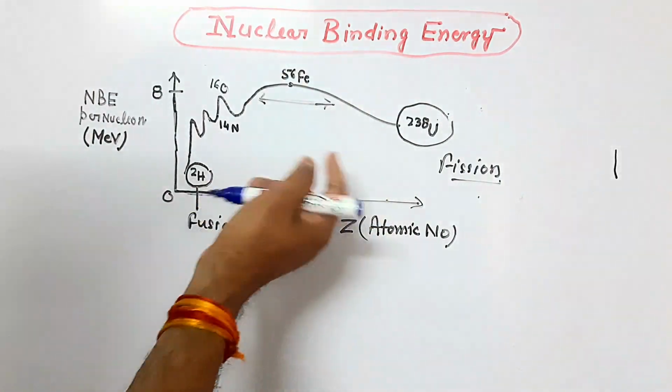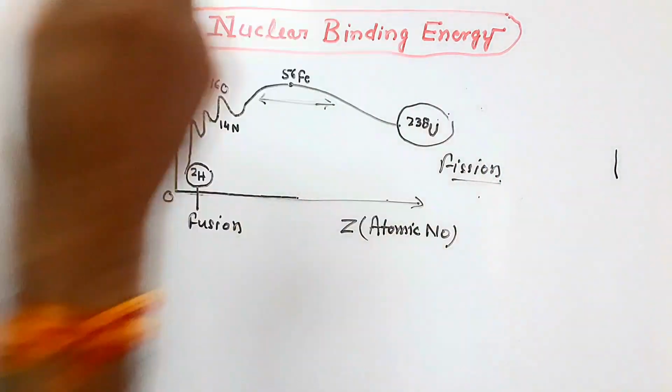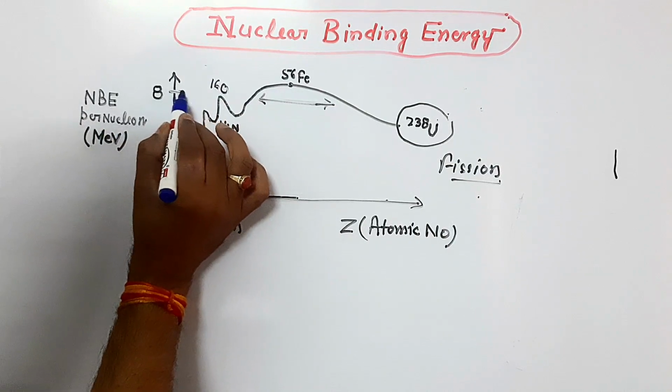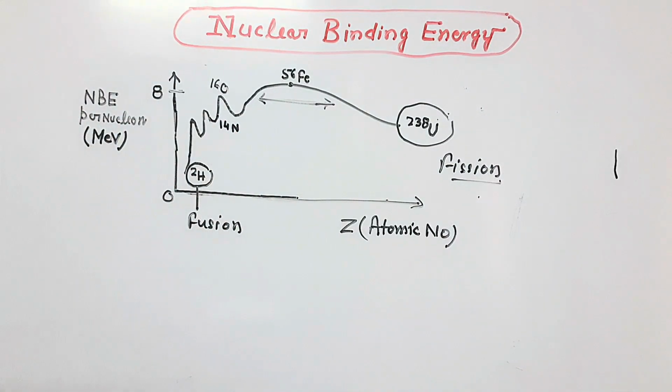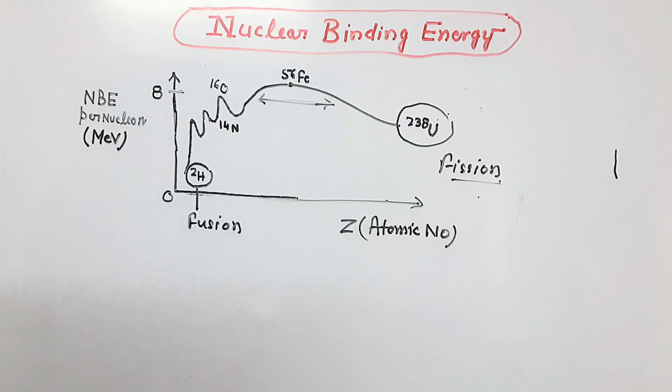The new nucleus formed during fusion or fission has an NBE per nucleon value of around 8 MeV per nucleon, so the stability criterion is met. Lighter or heavier nuclei undergo fusion or fission just to produce a stable nucleus whose NBE per nucleon value is around 8 MeV.